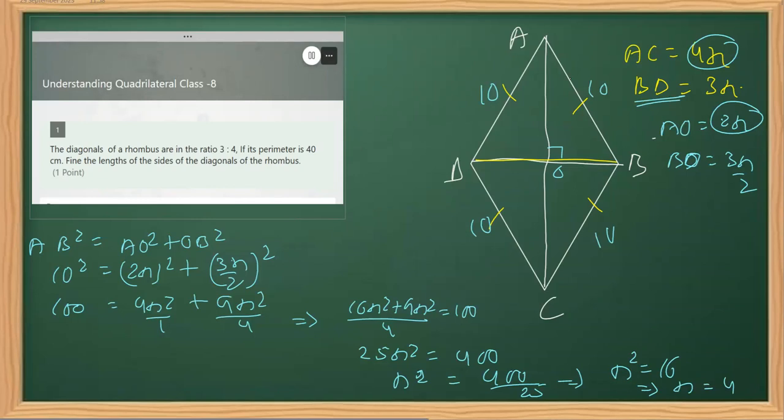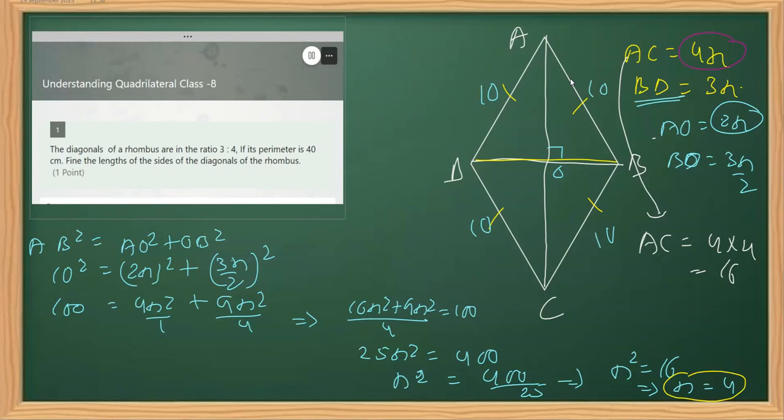Now, once we get the value of x, that is 4, we can replace x with 4. AC will be 4 times x, that is 4 into 4, that is 16.